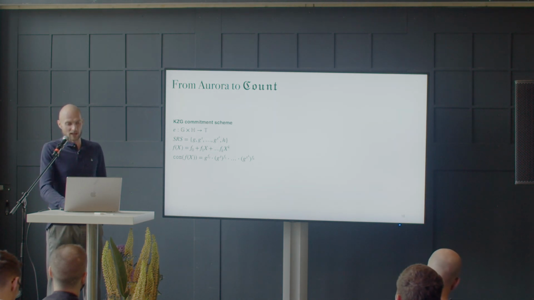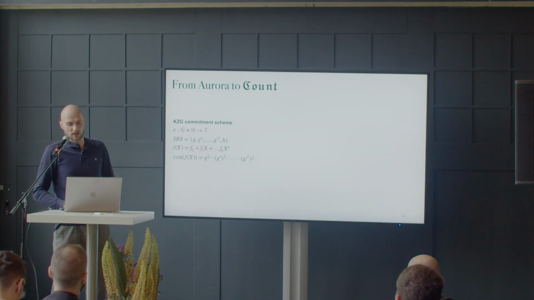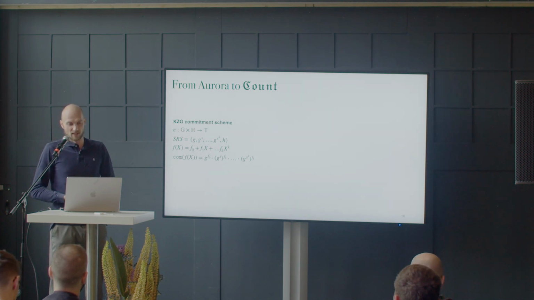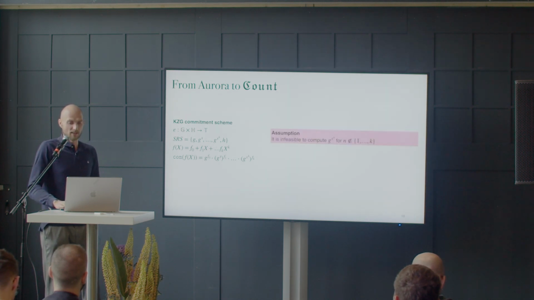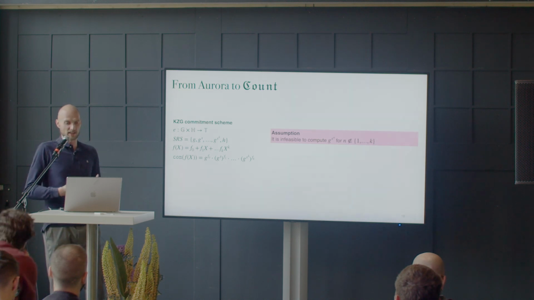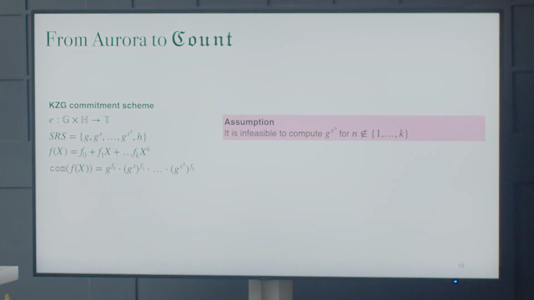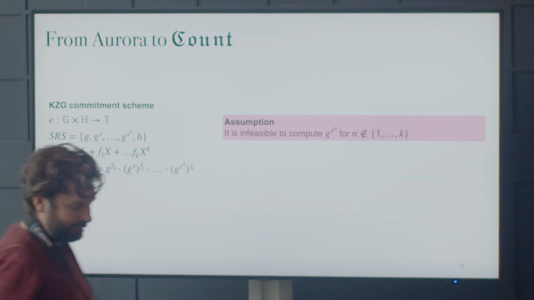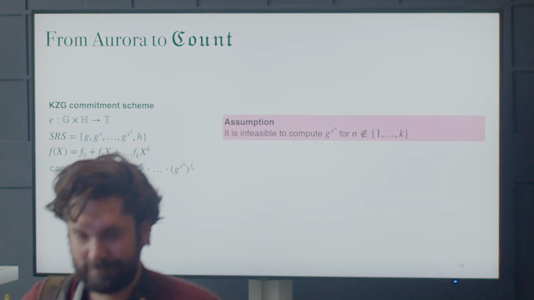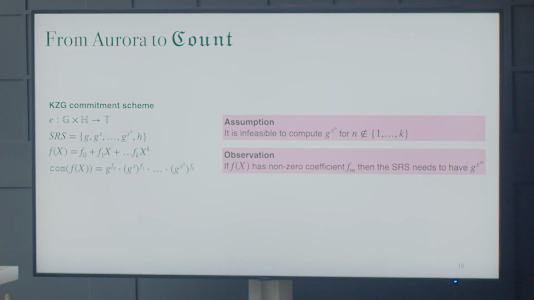For our polynomial f, the commitment is just the evaluation of this polynomial at the secret point s, represented as a group element. The assumption is that it's infeasible to compute g^(s^n) if n is not in the range from 1 to k. I think this is the security assumption used for most zkSNARKs.